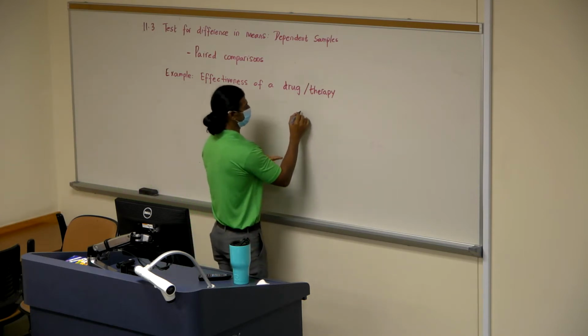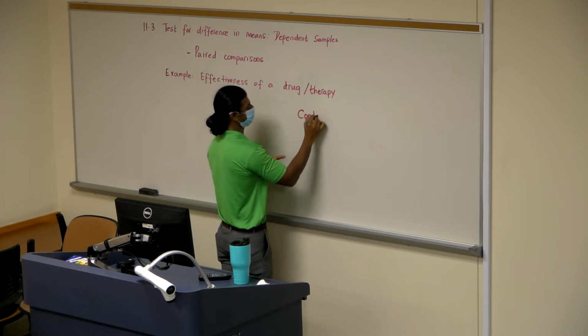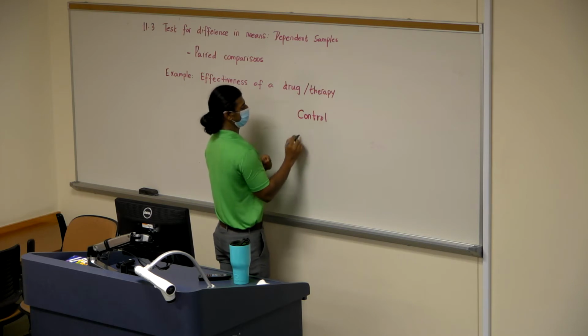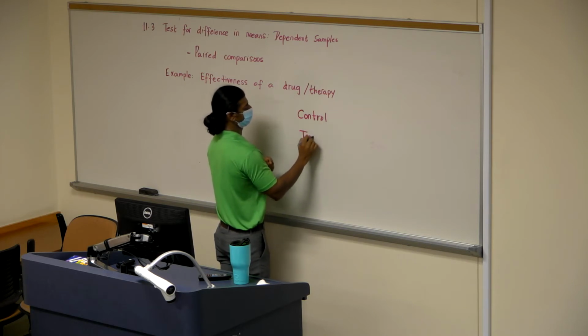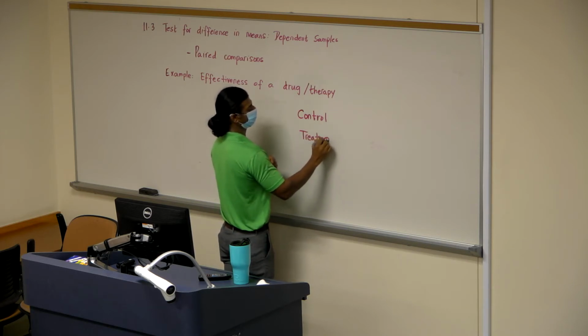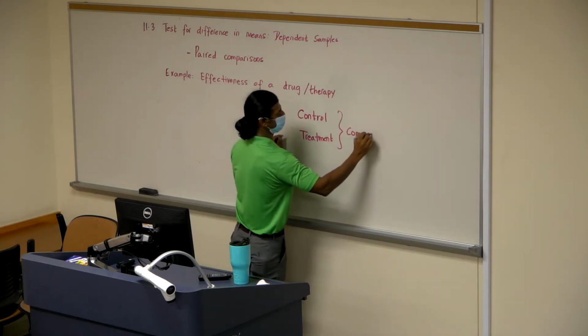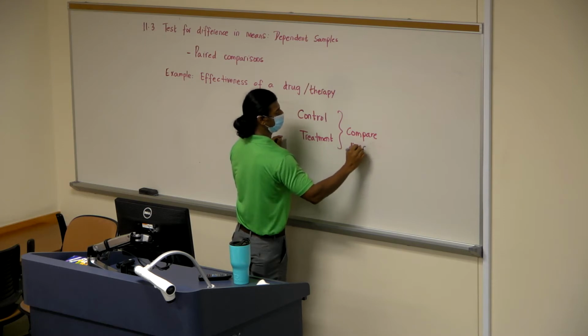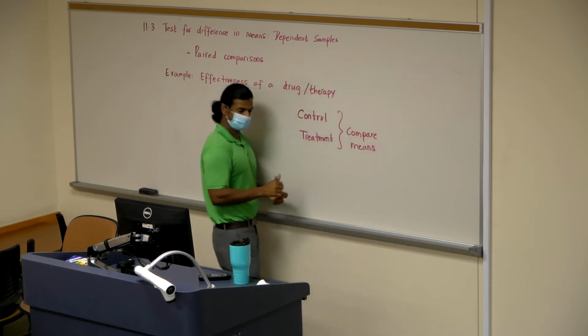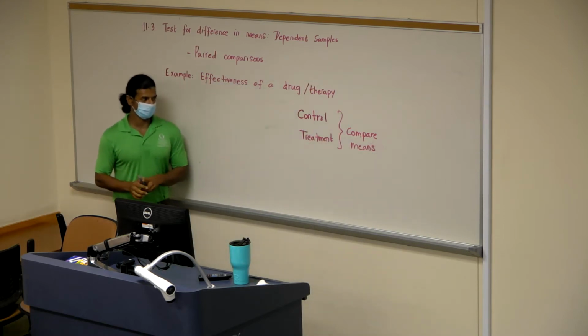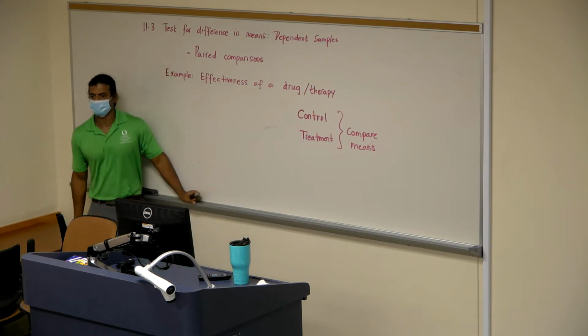So, Sloan's answer, we have a control group and a treatment group. And we compare means. That's perfectly fine. It is a good example, but there is an issue with that.